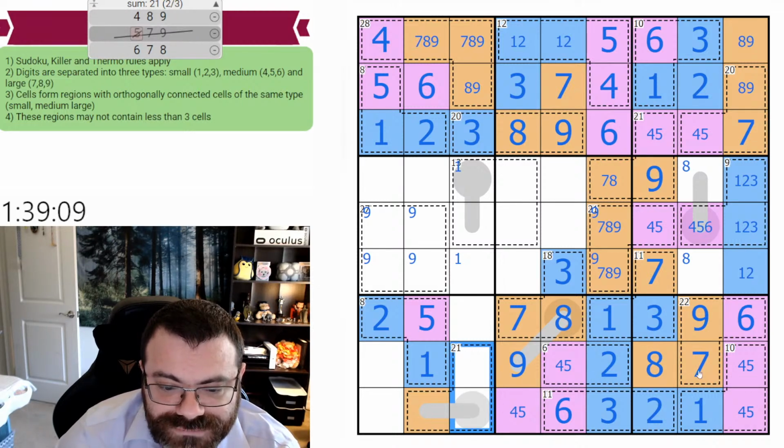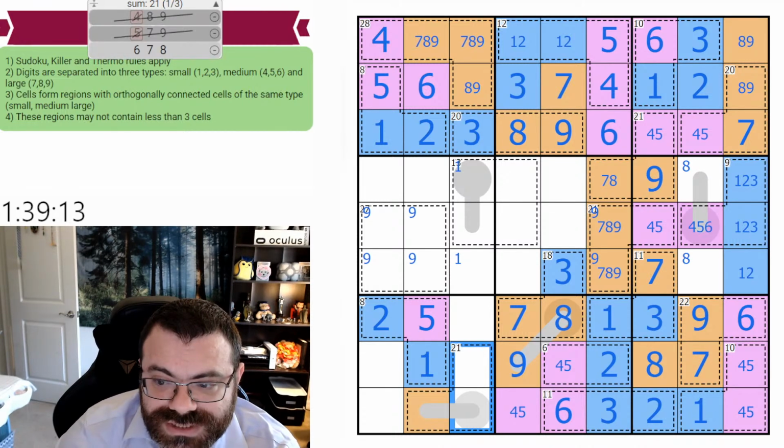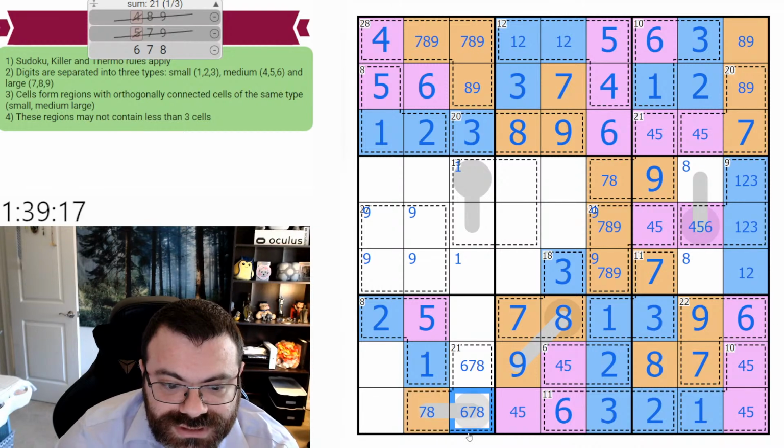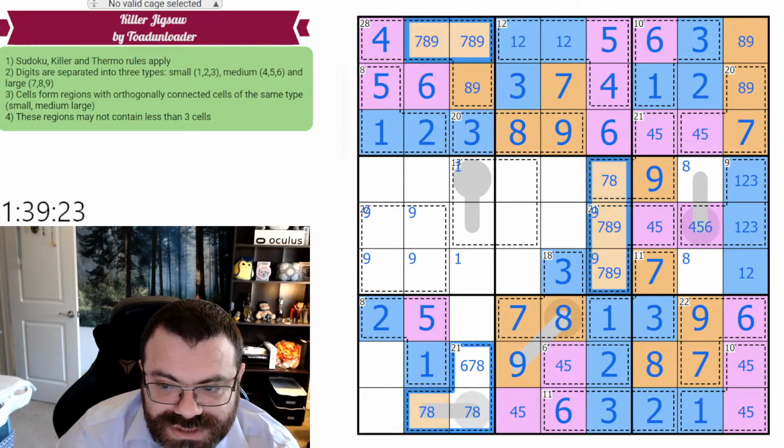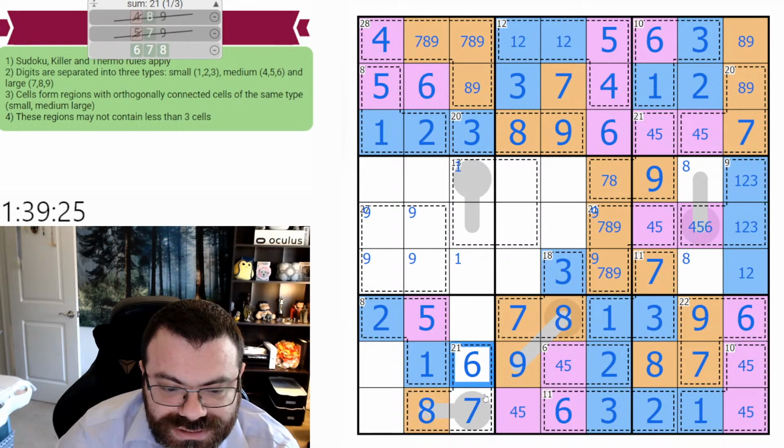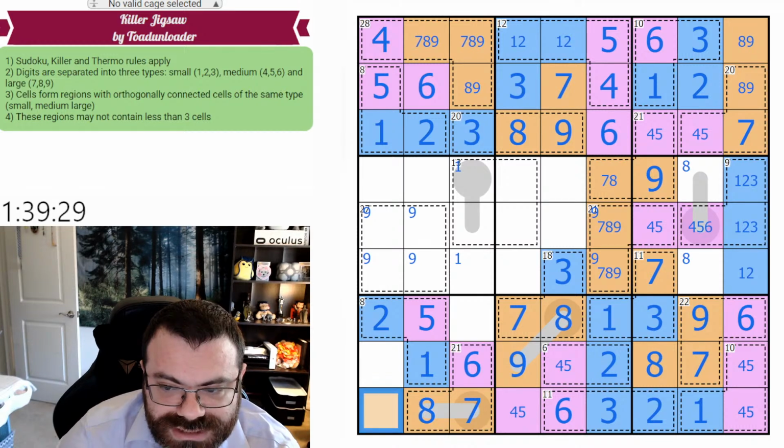Oh, they can't have a 4 in it either because of all these 4 or 5 pairs. So it's going to be 6. This is 6, 7, 8, and that's not a 6. Interesting. That's not a 6. So actually we can just complete this, 6, 7, 8, because of the thermo. So that's mid and that's high. This is the last high in the row.